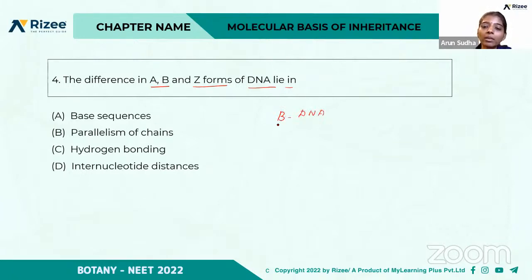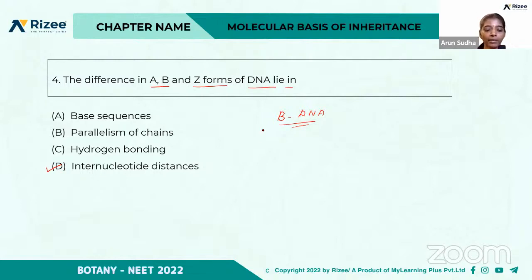The double helical structure we saw is the structure of B DNA. So on what basis do A, B, and Z forms differ? The correct answer is D. They differ in the internucleotide distances.